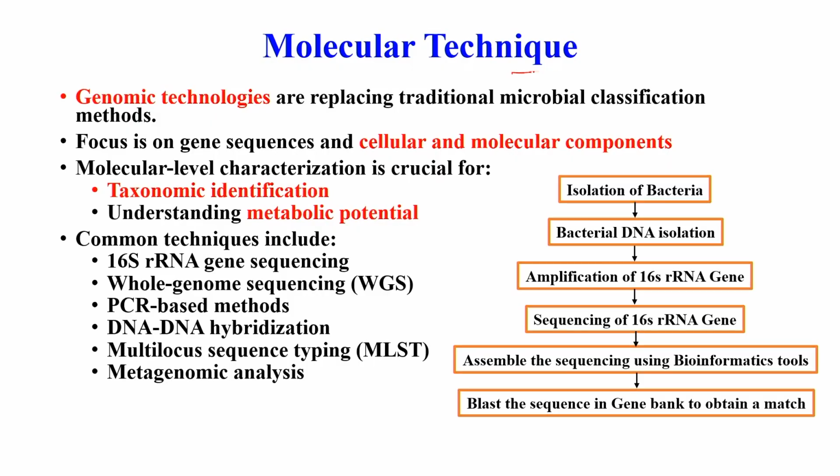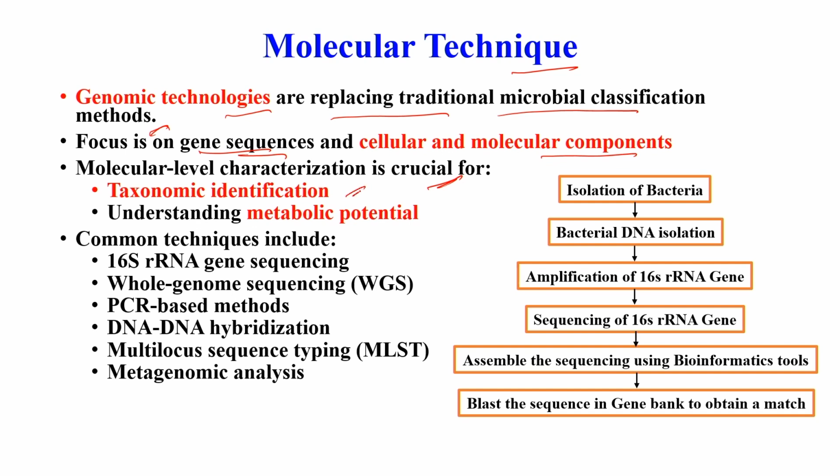Next goes these molecular techniques. So, this genomic technology are replacing the traditional microbial classification methods. So, it focuses more on the gene sequence and cellular and molecular components. And in fact, if you want to give a particular name to an isolate, then you have to go for these molecular techniques.